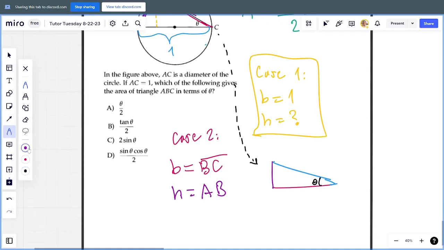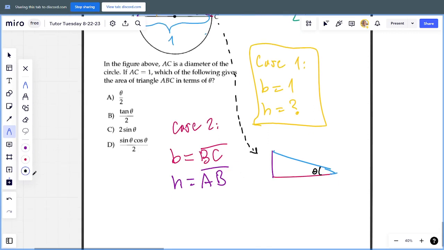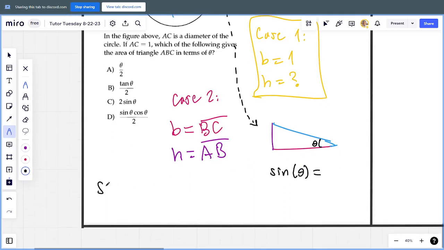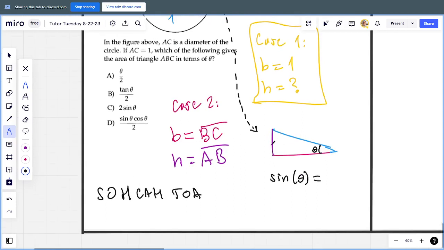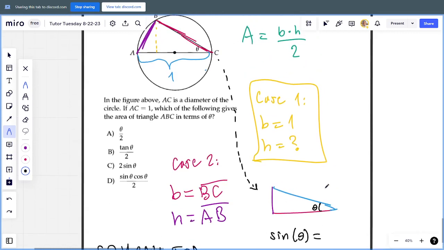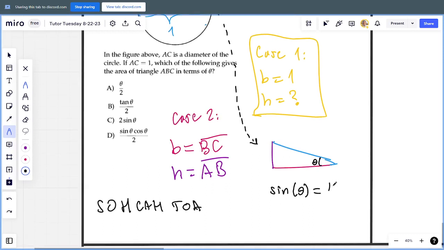In that case, you can see that taking sine of theta from here, remember your SOHCAHTOA, sine is equal to the opposite side over the hypotenuse. So the sine would be equal to AB. And then the cosine of theta, cosine is the adjacent side over the hypotenuse. So the cosine would be equal to BC.